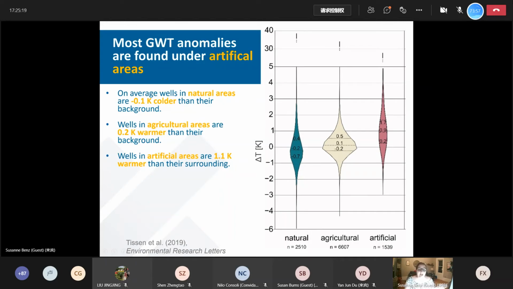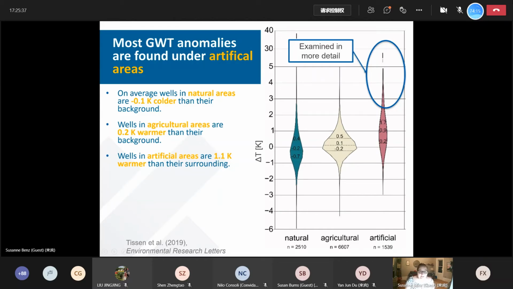In the following, I want to focus on these extremes. I want to talk to you about these very, very hot groundwater temperatures in an artificial environment. And I want to talk to you about where we find those and why groundwater temperatures are so hot in these regions.